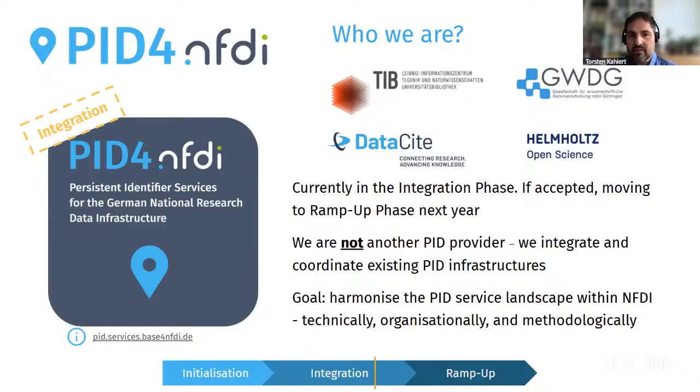And Helmholtz brings a strong network for outreach and community engagement across the research landscape. Together, our goal is to harmonize the PID service landscape within NFDI, technically, organizationally, and methodologically. And importantly, we are not building yet another PID provider. We integrate and coordinate what already exists.